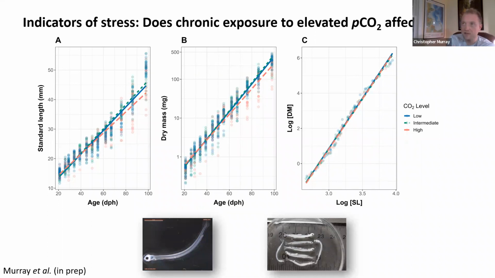So even though you see a small decline in growth rate with that red solid line with respect to standard length, that is mostly a tank effect. And there was no difference between the relationship of dry weight and standard length, which is essentially the condition of the fish. So CO2 had no effect on the condition of the fish. Just looking at these plots, we would assume that there wasn't really a chronic stressor being imposed on these organisms, despite the chronic nature of the high CO2 exposure.